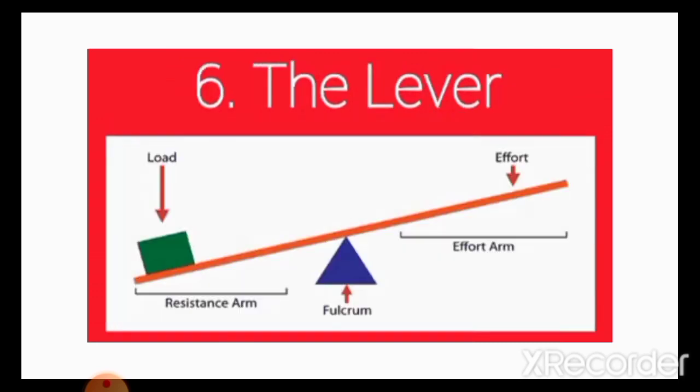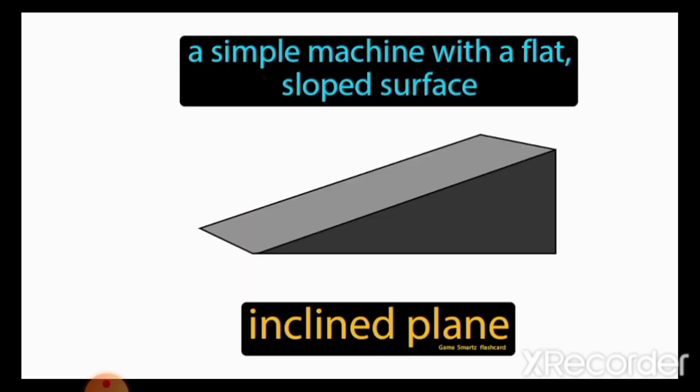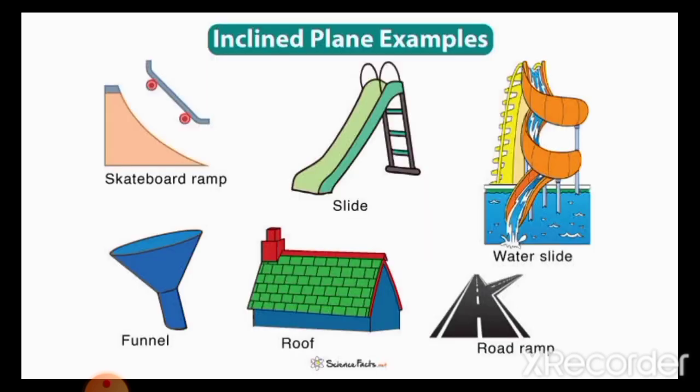Okay, so we shall look at the very first type, which is inclined plane. This is a simple machine with a flat but sloped surface. Examples are like the slide, the funnel, the half roof, road ramp, skateboard ramp.